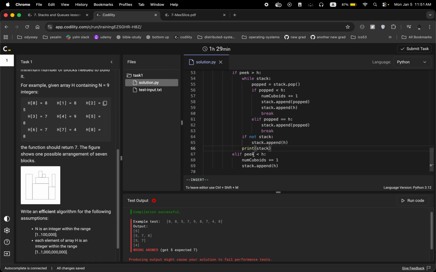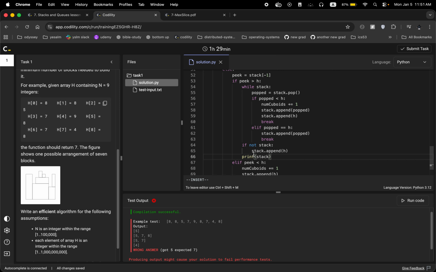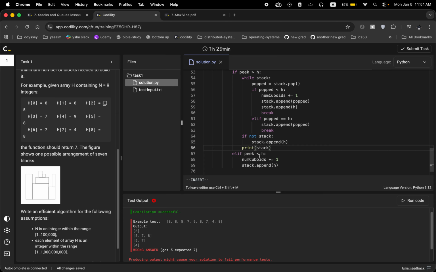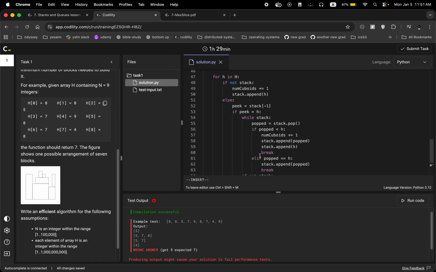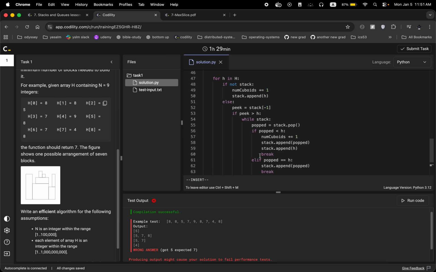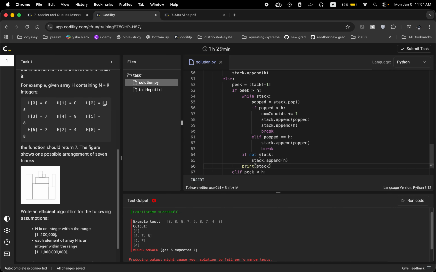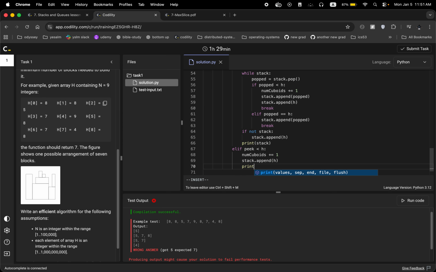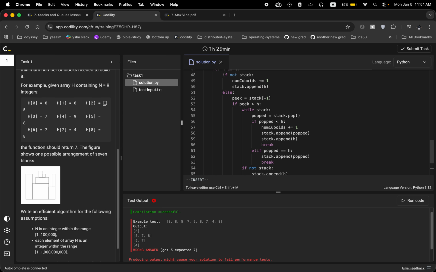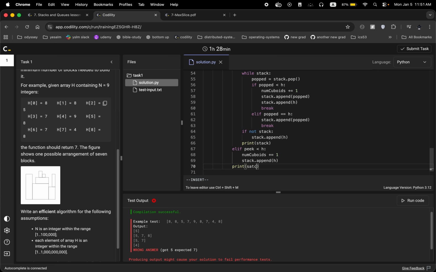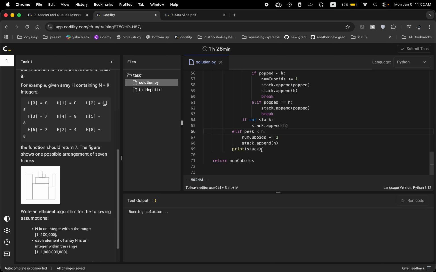The stack's right here. 9 gets in there.